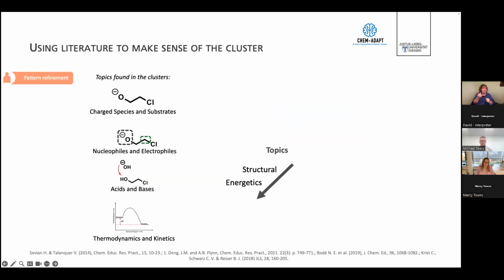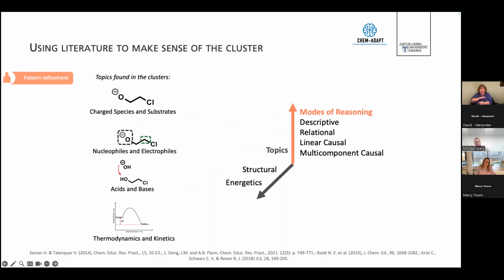Then we used the modes of reasoning framework from Sevian and Talanquer, which describes an increasing sophistication in causality, from a rather low descriptive mode of reasoning to a higher linear causal mode of reasoning, which we could see in the arguments as well.